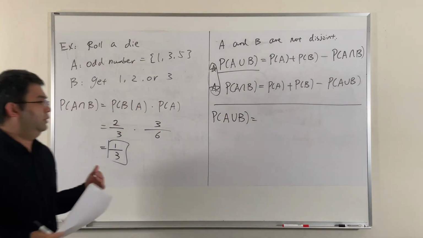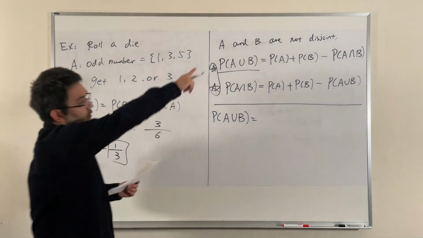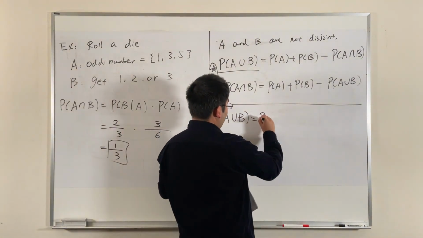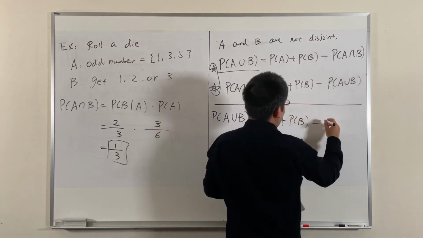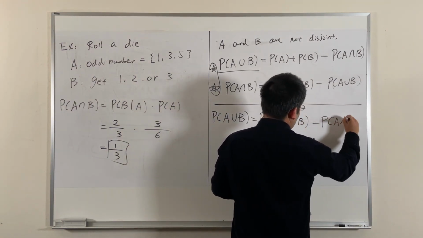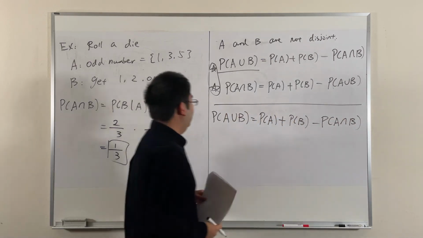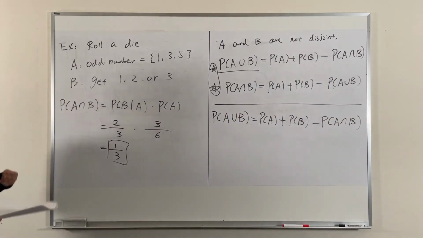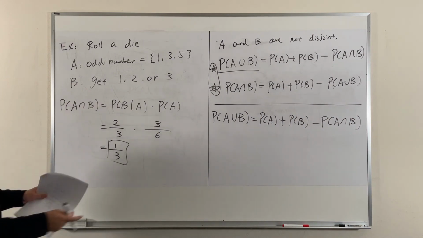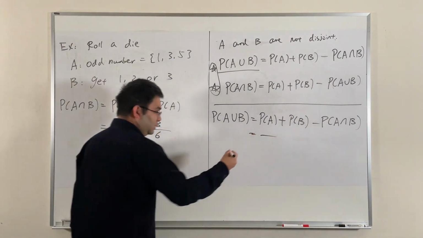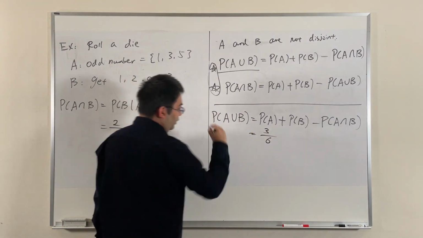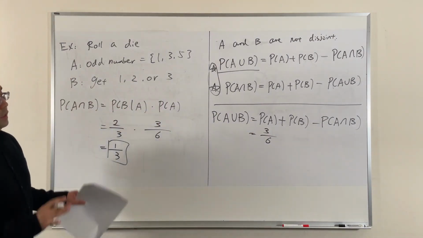Okay, probability of A union B, apply the formula, probability of A plus probability of B minus probability of A intersects B. Okay, very good. So what's the probability of A? So this is easy, right? Probability of A is, of the total 6 possible outcomes, 3 of them are odds. What's the probability of B by itself?